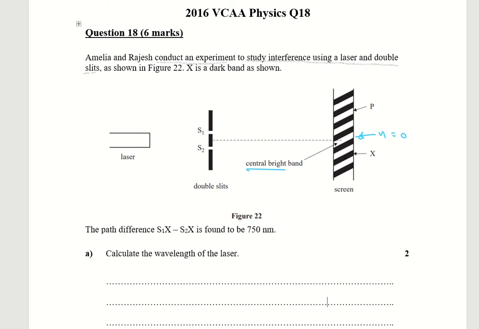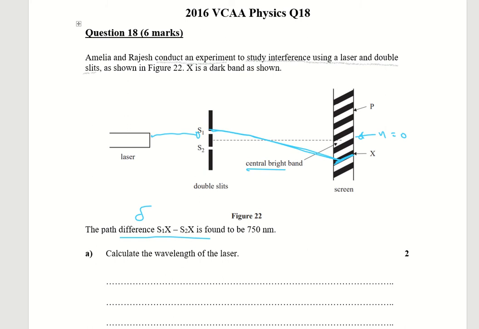Okay, it says that the path difference is denoted by delta, S1 to X, so X is this dark band here. We're saying that the light ray from the laser goes to S, and this source of light moves to X here.